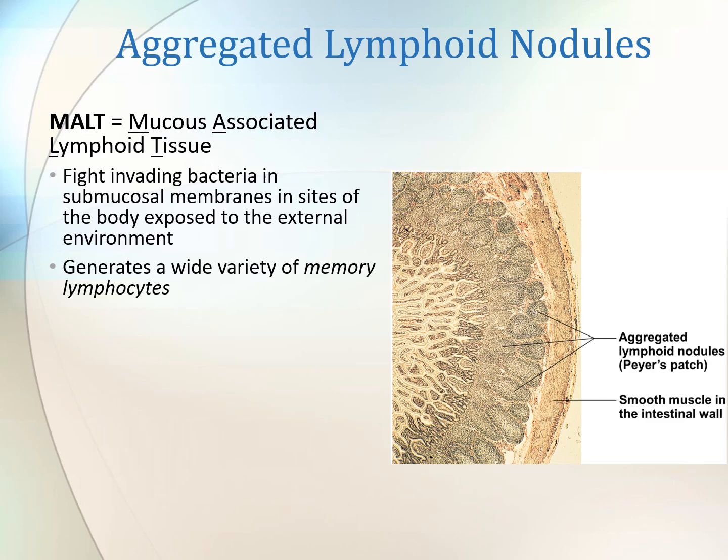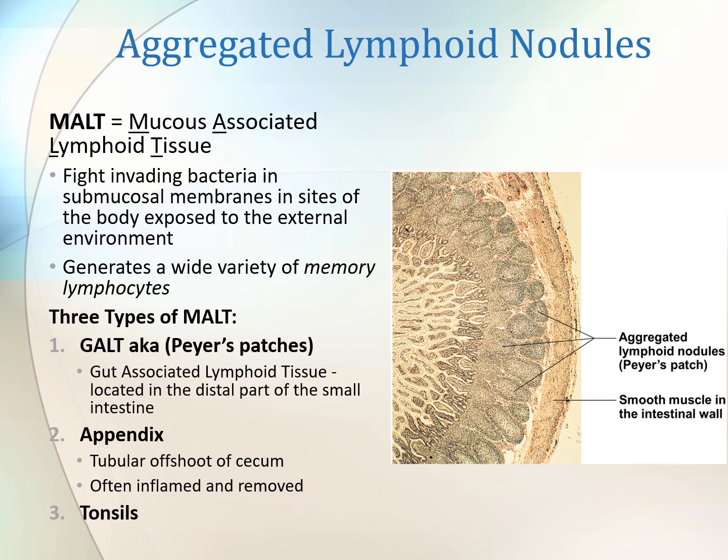These guys are called mucus-associated lymphoid tissues, or MALT. Okay, so they're going to be associated with any mucous membrane. These guys are sitting underneath that submucosa, and it's going to be in any area that's exposed to the outside environment.